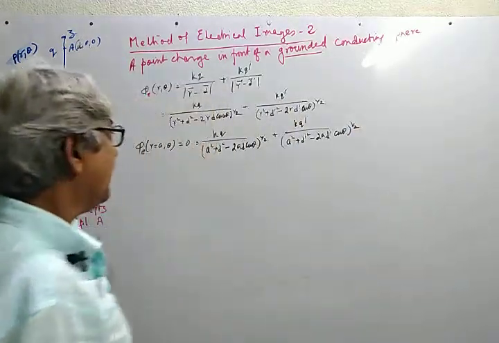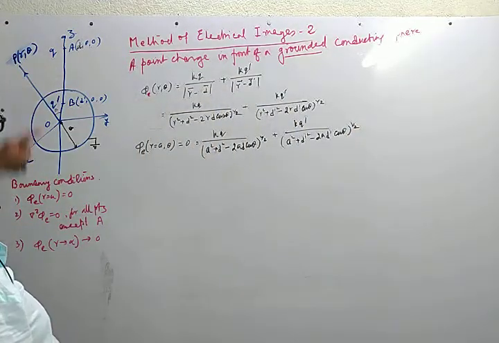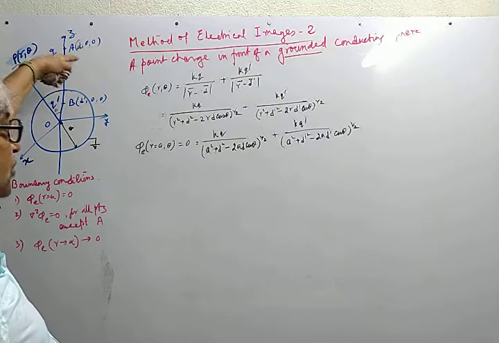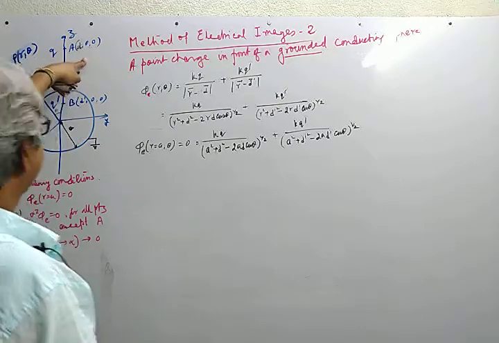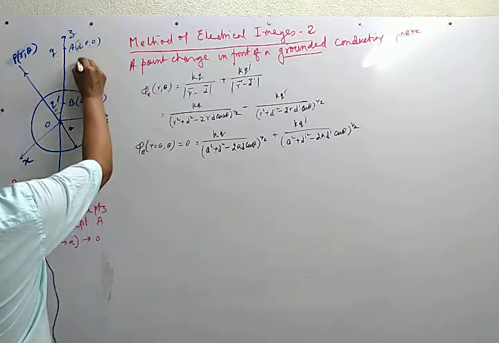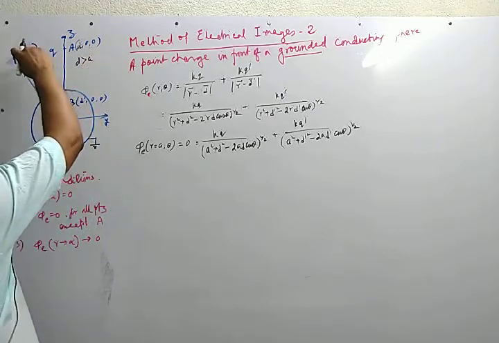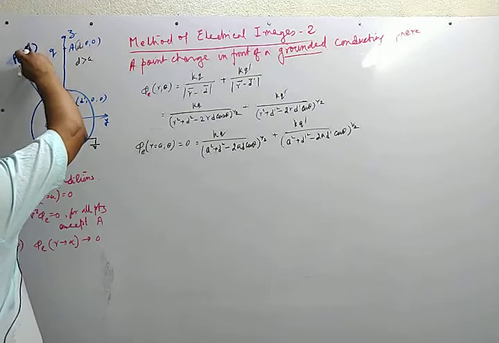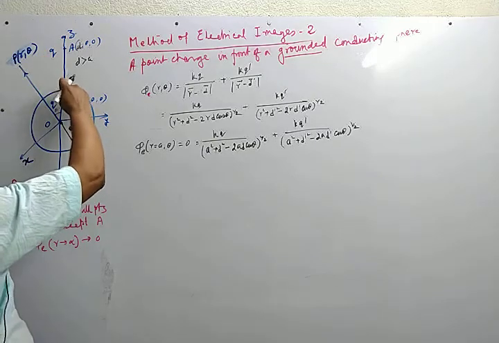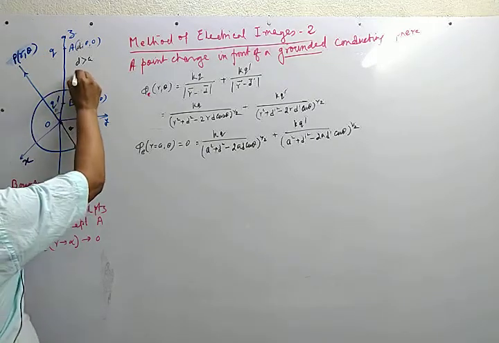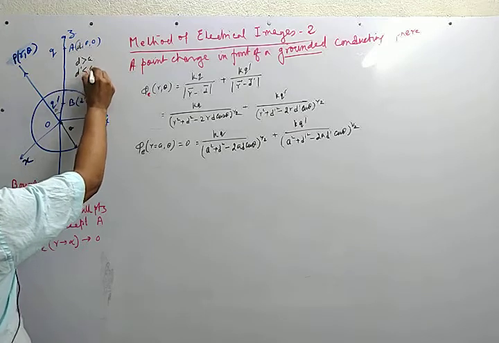Now you see that as per assumption the point A lies outside the sphere, so d is greater than a, and we are interested in finding the potential outside the sphere, so the image charge must lie within the sphere. d prime is less than a.